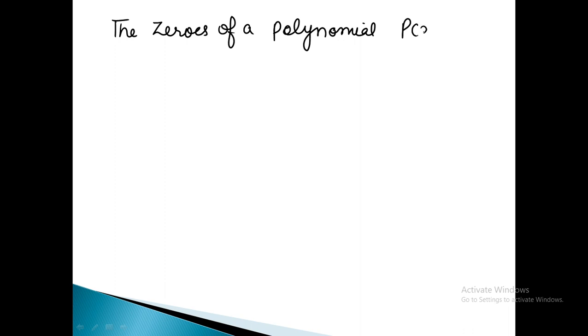Now the next topic is the zeros of a polynomial. A polynomial is represented by p(x), and the zeros are the x coordinates of the points where the graph y equals p(x) intersects the x-axis.